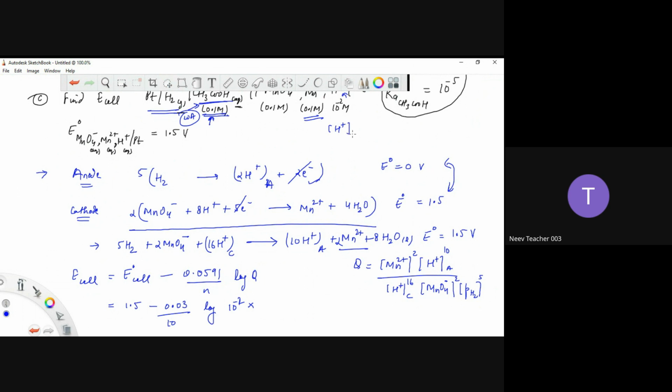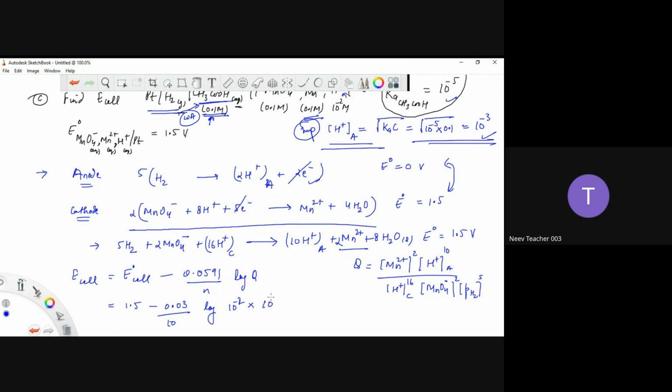So for a weak acid, H plus concentration is basically C alpha, which is written as root of Ka times C. And Ka value is given to you as 10 to the power minus 5, into C, 0.1. It becomes 10 to the power minus 6. Take the root. It comes out as 10 to the power minus 3. That will be the anodic concentration of H plus. That is also important to look up before putting in the value.